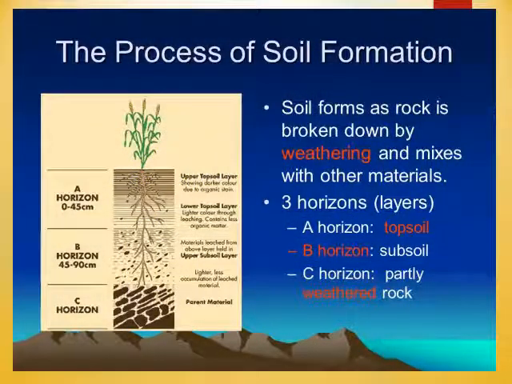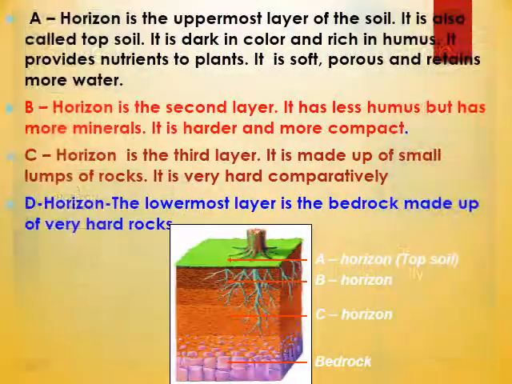The process of soil formation. Soil forms as rock is broken down by weathering and mixes with other materials. A vertical section of a well-developed soil shows presence of distinct layers called horizons.